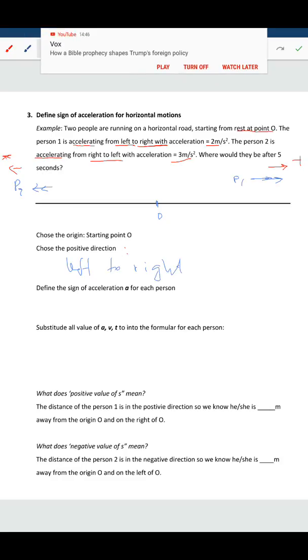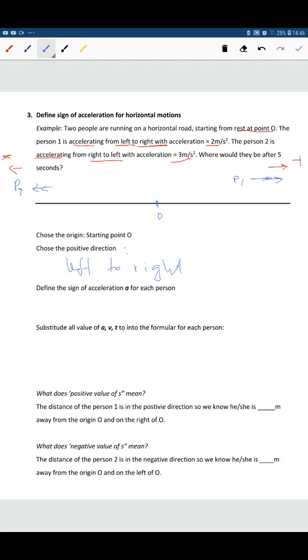Now we need to define the sign of acceleration for each person. Remember, accelerating means a times v is bigger than 0. So for person 1, he is moving in the positive direction. Because we chose left to right as positive, his v is bigger than 0, positive.